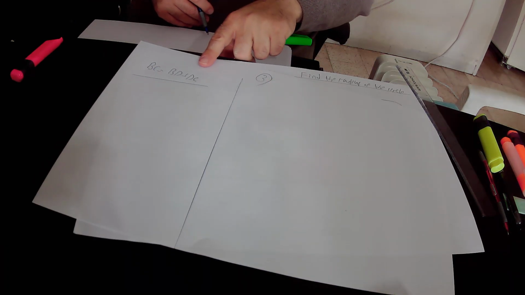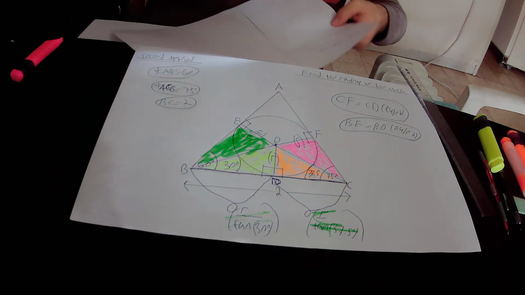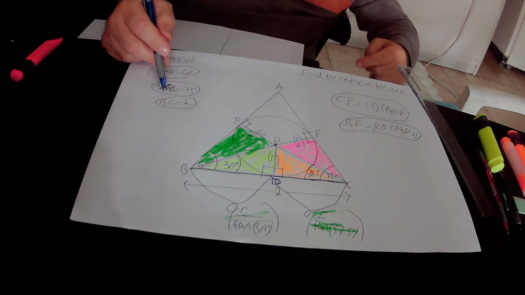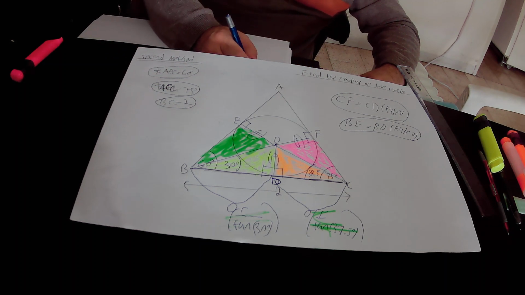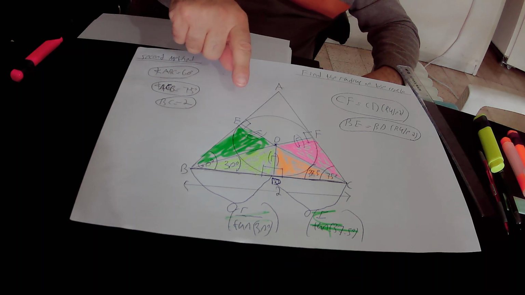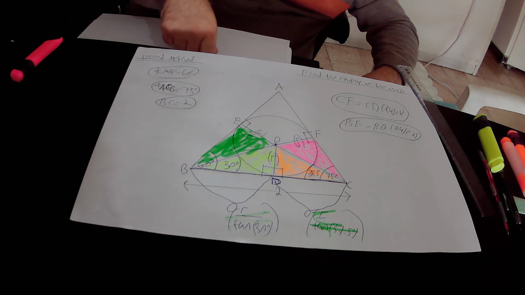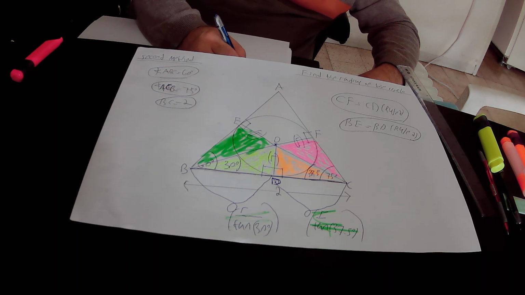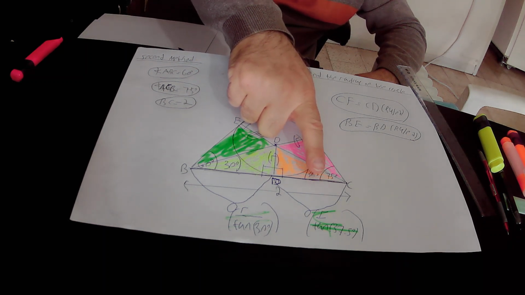BC equals BD plus DC. BC equals 2 units according to what is given in the problem, so we substitute BC by 2, and it equals BD plus DC. So it equals BD, that is R over tangent 30 degrees, plus DC, and DC is R over tangent 37.5 degrees.